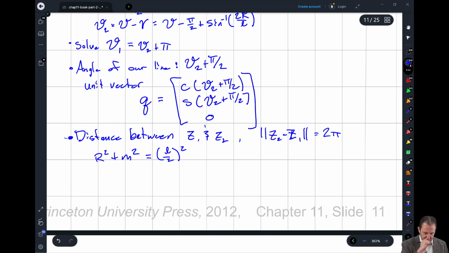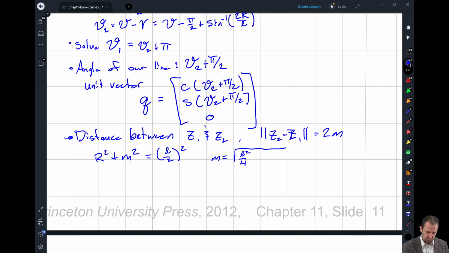So let's now solve for m. I just keep wanting to write pi. There we go. So m is going to be equal to the square root of L squared over 4, I just did the square of 2 on the bottom, minus r squared.